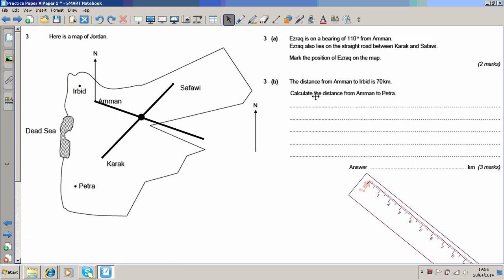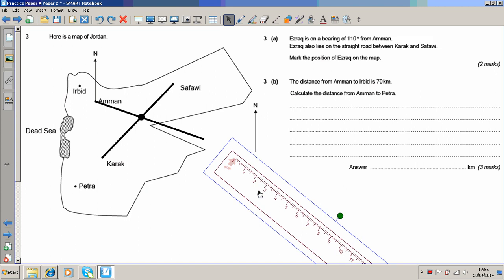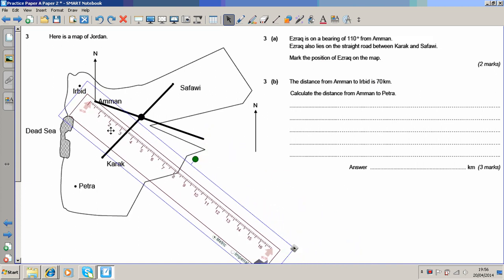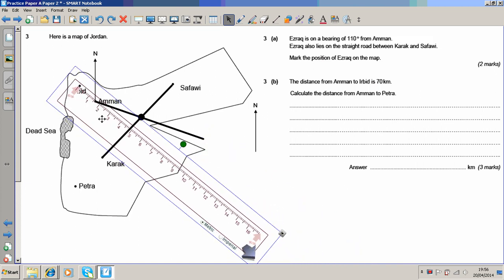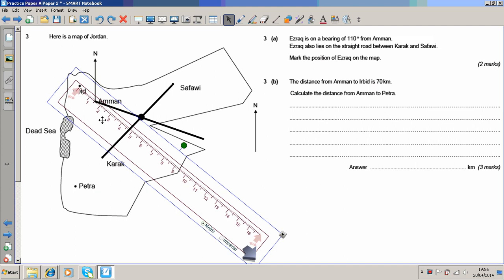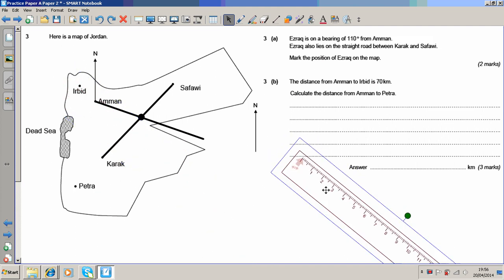Alright. The distance from Amman to Irbid is 70 kilometres. Calculate the distance from Amman to Petra. Okay, well my answer is probably slightly different to yours, but the method will be the same. So, the distance from Irbid to Amman in mine is 1.5 centimetres.